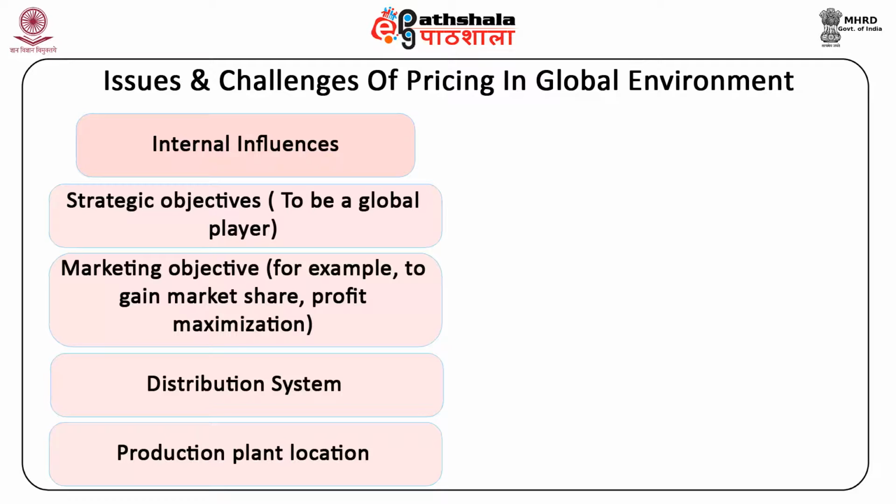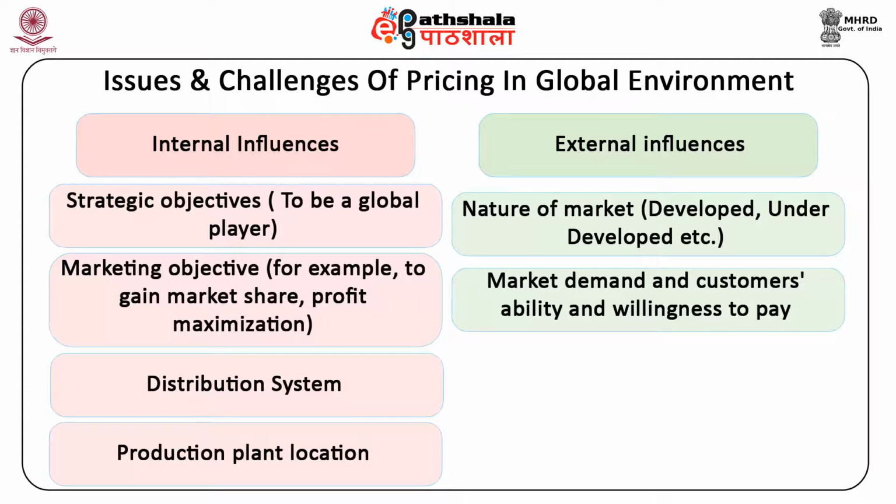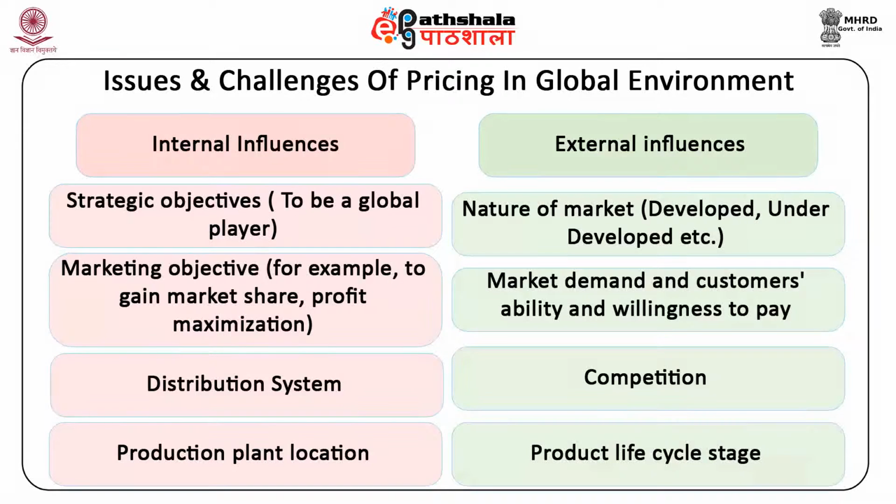On the other hand, external influences include: number one, nature of market, which can be developed market or underdeveloped market. Second, market demand and customers' ability and willingness to pay. Third, competition. Fourth, product life cycle stage.